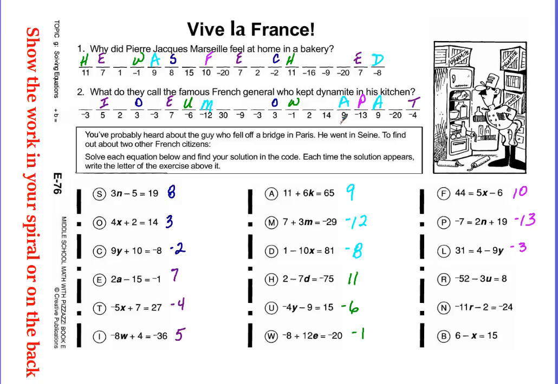So there's one, and looks like the only one. And all the -3s are L's. So there's an L, there's an L, there's an L. Boy, that's sure a popular letter. Any more -3s in here? All right. Got a lot of letters left, but I have a feeling there might be some spaces in this. We'll find out.